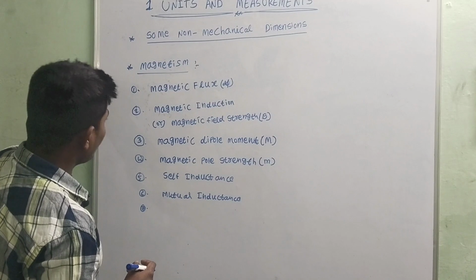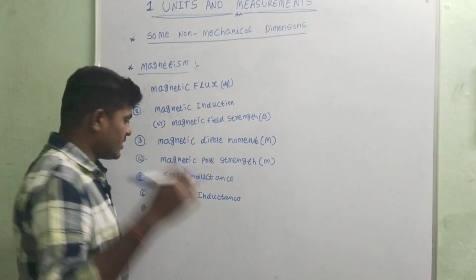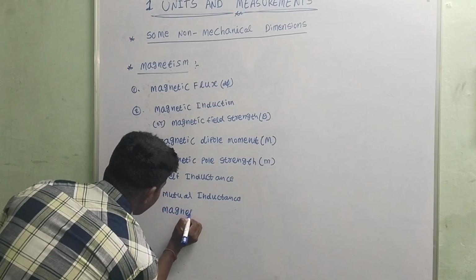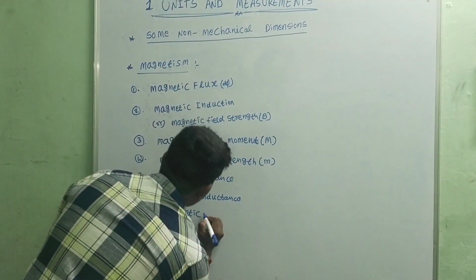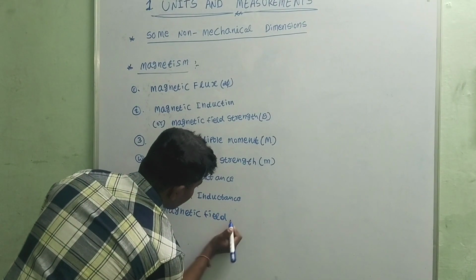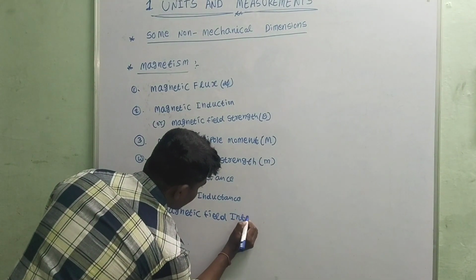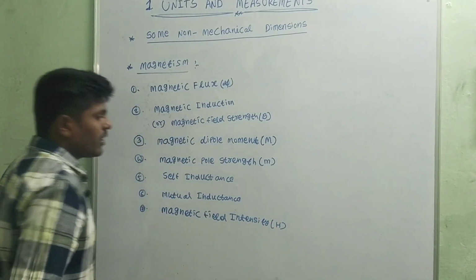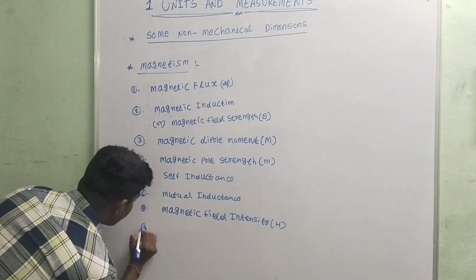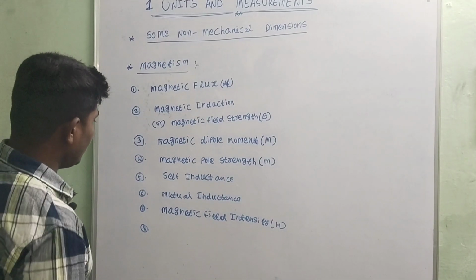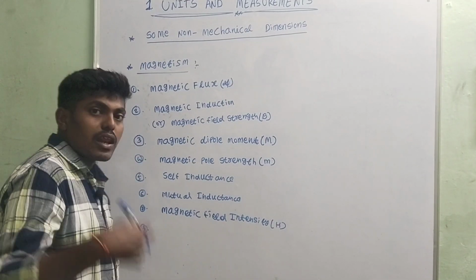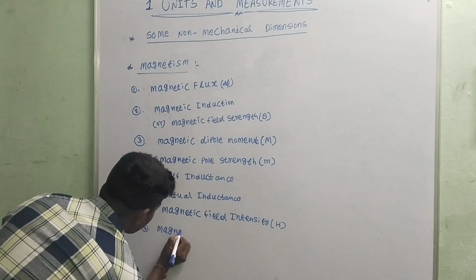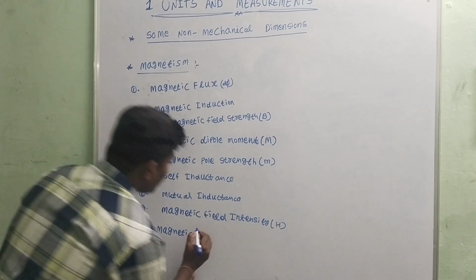And next one is magnetic field intensity, denoted by capital H. And also we want to write the dimensions of magnetic permeability.